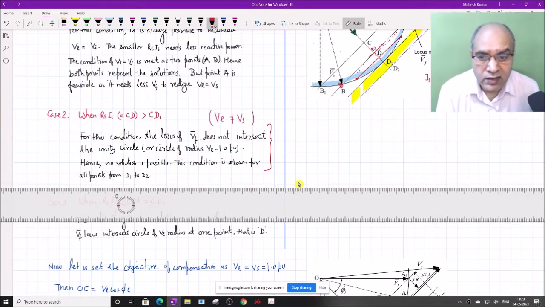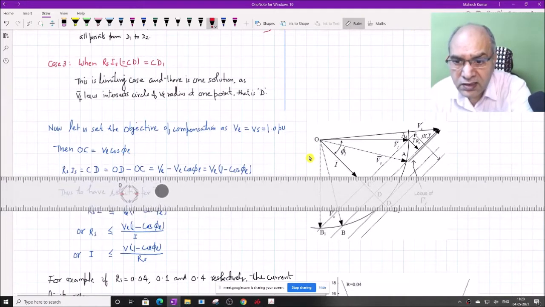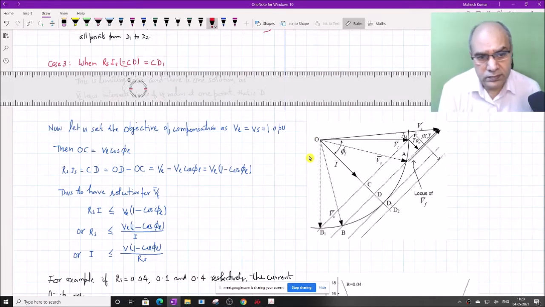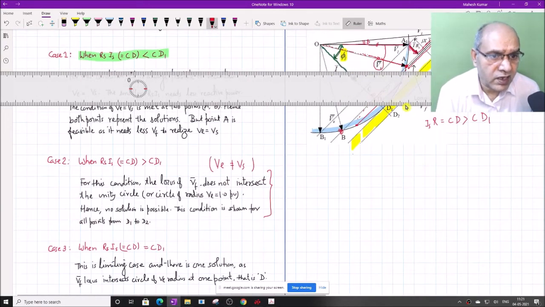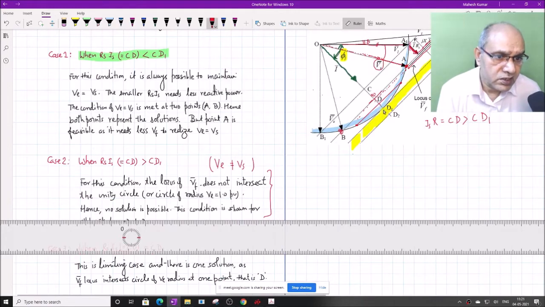Okay. The third condition is the limiting case we have taken, in which RsIs equals CD1. There is only one solution, because it is the touching point of the circle. As you can see, D1 is just a limiting point.